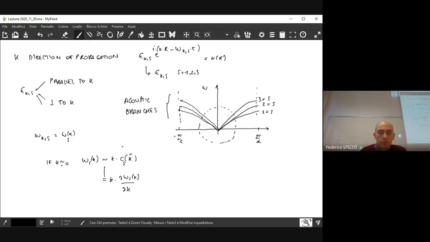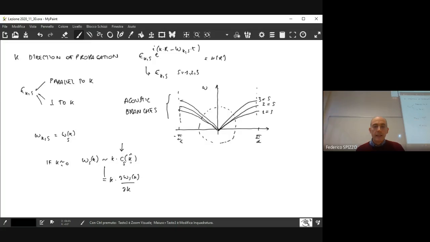So what is the meaning of this coefficient? If you remember the dispersion relationship found for electromagnetic waves, this coefficient here is the speed of the perturbation, the speed of the wave. For electromagnetic waves, this is the speed of light.